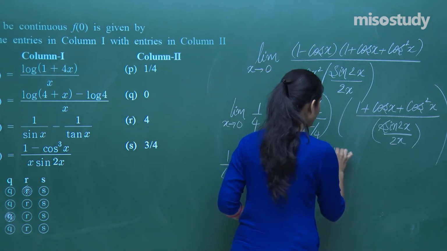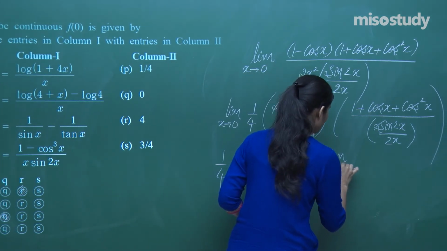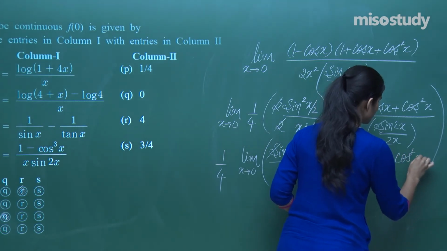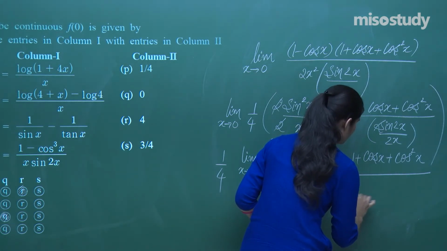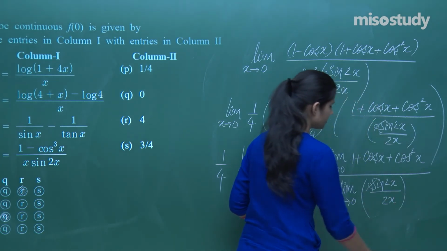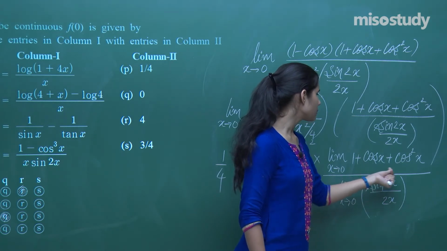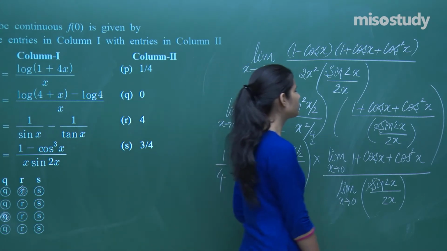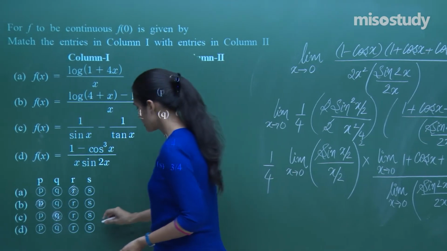And here again, limit of the product is product of the individual limits: limit x approaches 0 of 1 plus cos x plus cos square x whole upon limit x approaches 0 of sin 2x by 2x. Very easy. This is 1, this is 1, this is 1 plus 1 plus 1, 3. So 1 by 4 into 1 into 3 by 1, that is 3 by 4. So our answer is S.